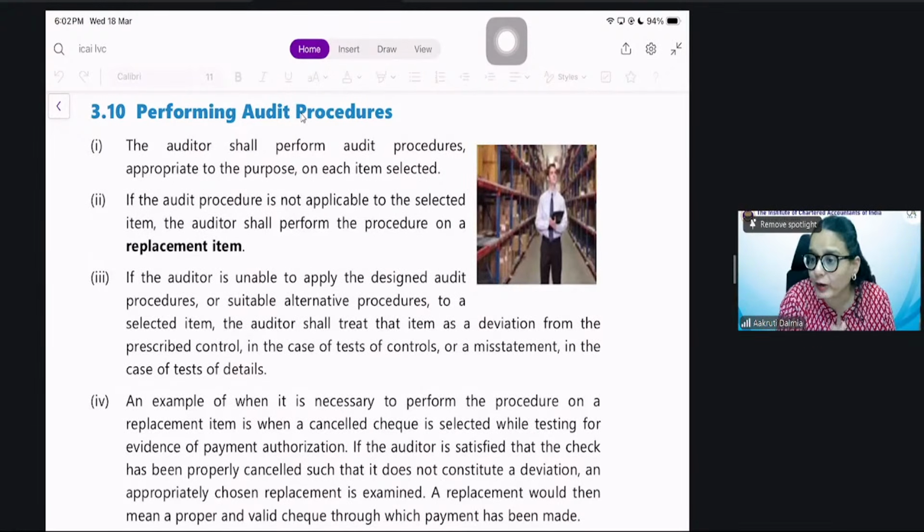If the risk of material misstatement is high, will the sample size be more or less? Of course, more. If the effectiveness of the internal control system is very high, then will the sample size be less or more?